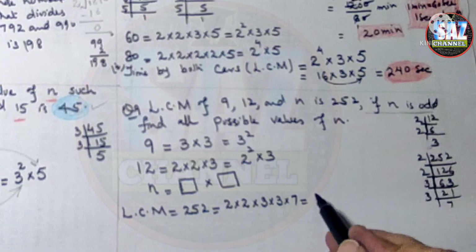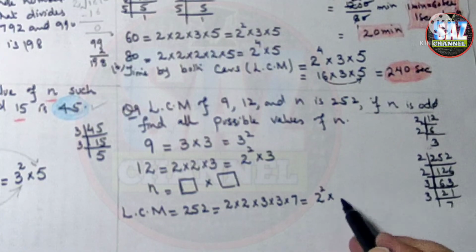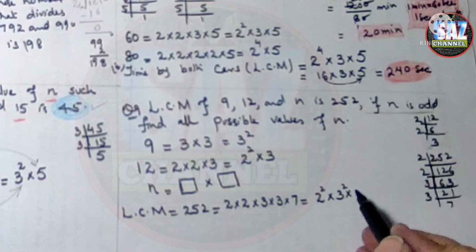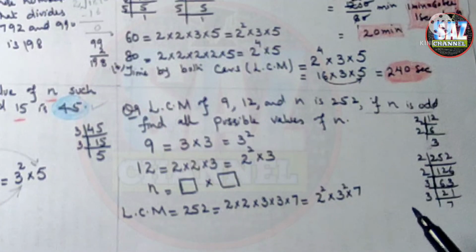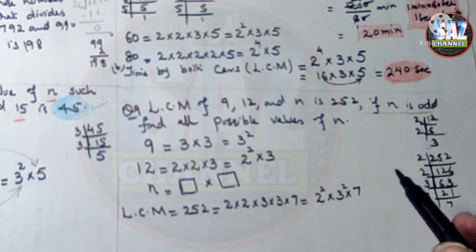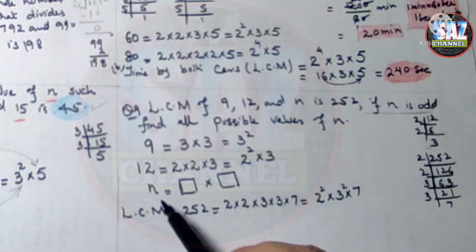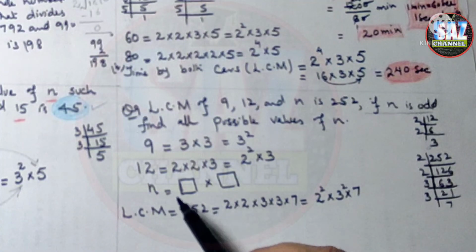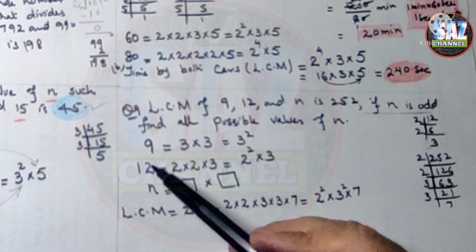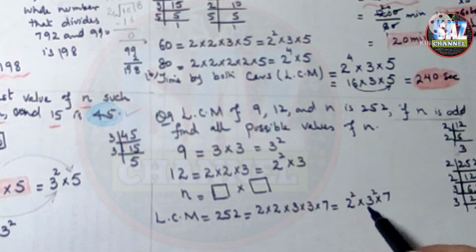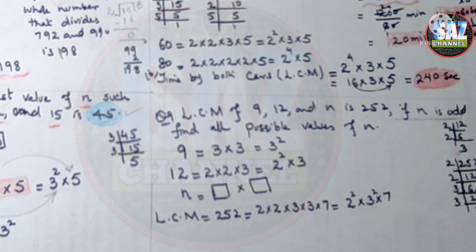or in index notation, what can we write? 2 square multiplied by 3 square multiplied by 7. Okay, now look students, we have to find the third number, which, when we write it with these two numbers, gives us the LCM 2 square multiplied by 3 square multiplied by 7.